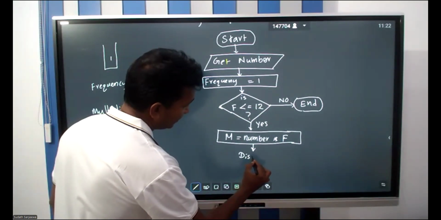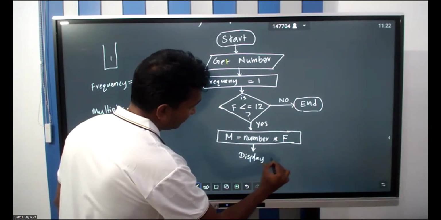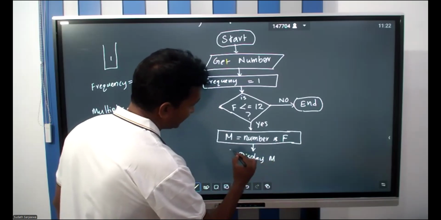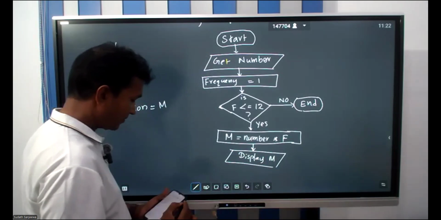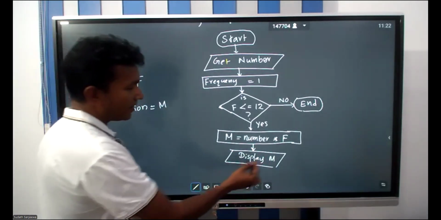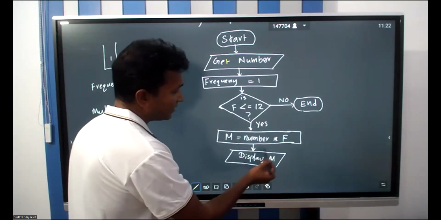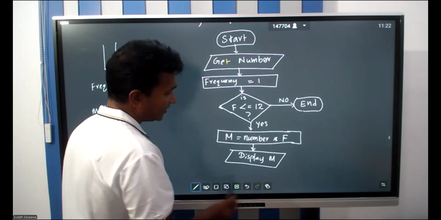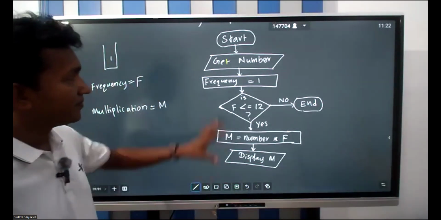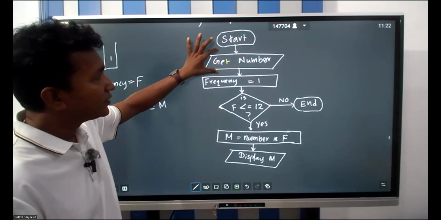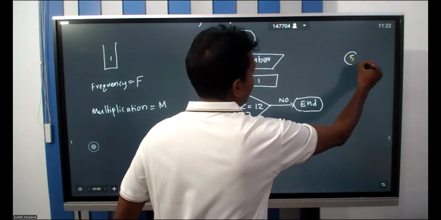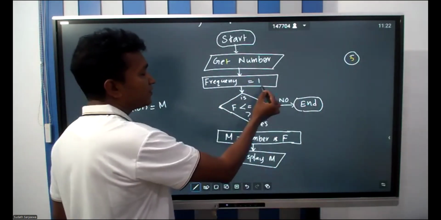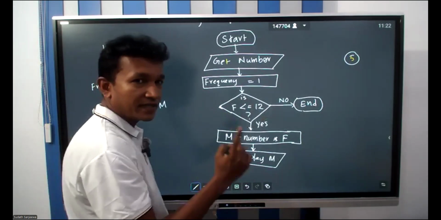Display multiplication means this is a kind of output. Display something, right? So if you get the number as 5 initially, then frequency is 1 in the first step.